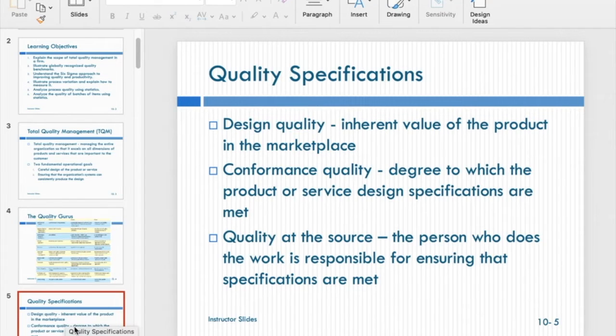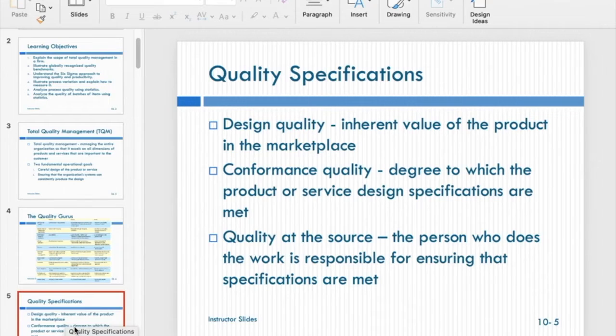Then the conformance quality: even if you have a very clear plan, you have to implement it on products. You have to make sure that given this clear plan, you can meet the requirements of the plan. That's why conformance quality is the degree to which the product or service design specifications are met. We will mostly focus on conformance quality in this chapter.